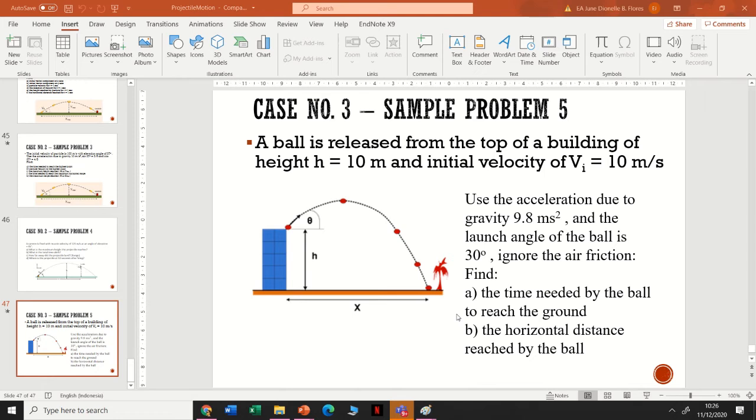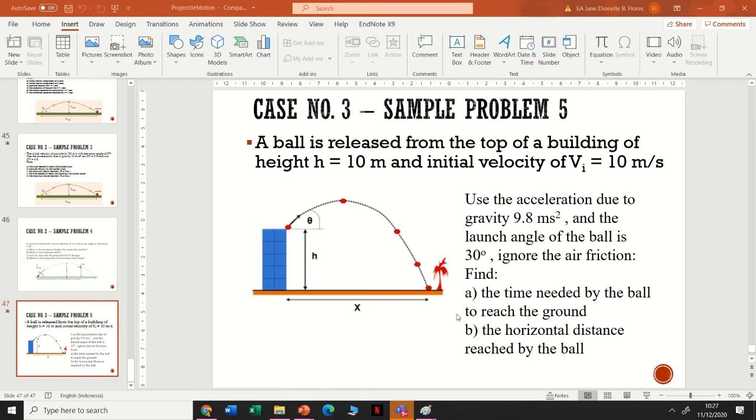So by inspection, for the horizontal dimension, the only quantity that we need in order to solve for the time is the delta x, which is actually not yet given because it is also being asked for letter B. And then although we can get the VIX by VI cosine theta, it would still not help us to solve for the time because we don't have the delta x yet.